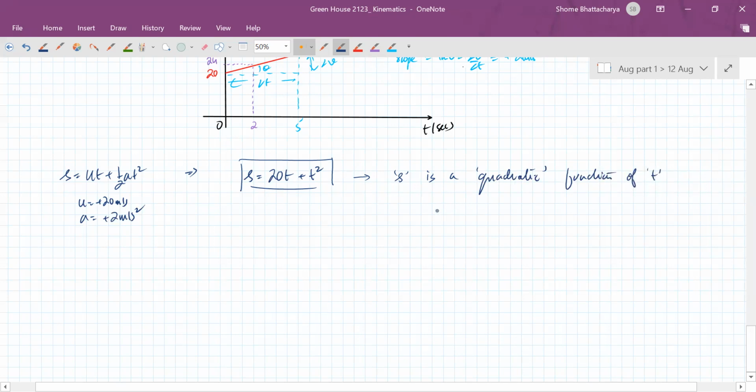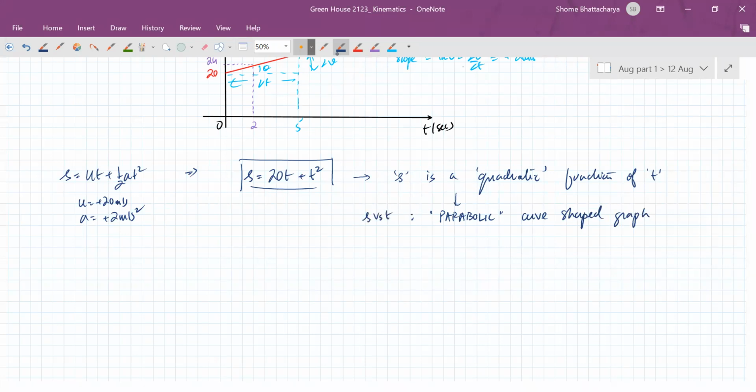And its graph will be what we call a parabolic curve. The shape of the graph is called a parabola. That will be the S versus T graph. So that will look like this now.